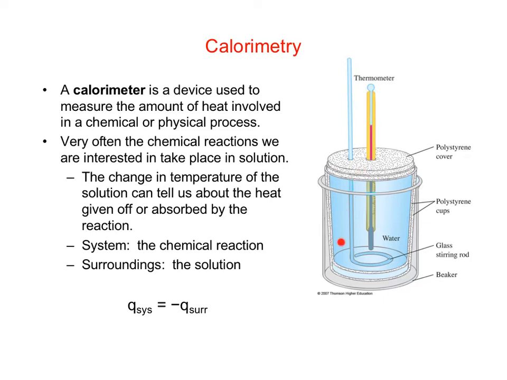So when we measure the temperature of the solution, we're actually measuring the changes happening to the surroundings, and the system is the opposite of that. If the water, our solution, increases in temperature, it was an exothermic reaction and our reaction lost heat. If the temperature goes down, our solution, the surroundings, lost energy, and so the system, the reaction, must have gained energy. That would be an example of an endothermic reaction.